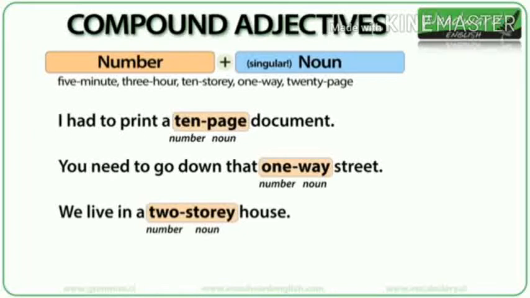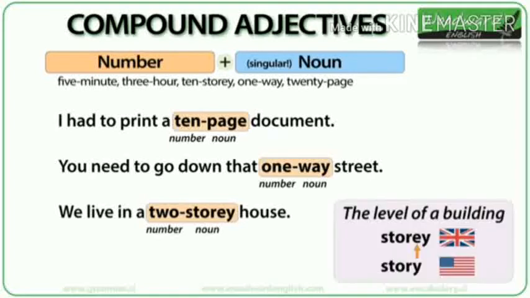I had to print a 10-page document. So 10 is the number, page is a singular noun. You need to go down that one-way street. One is the number, way is the noun. We live in a 2-story house. 2 is the number, story is the noun.